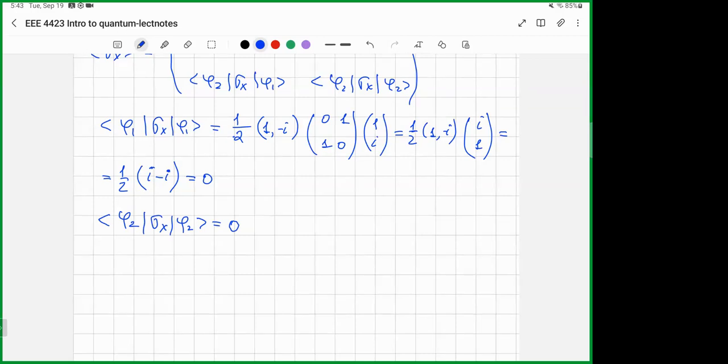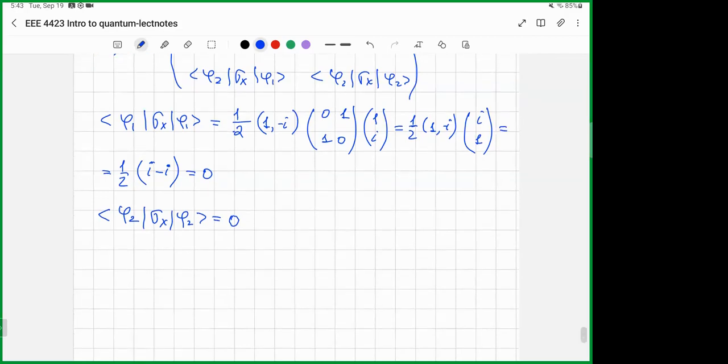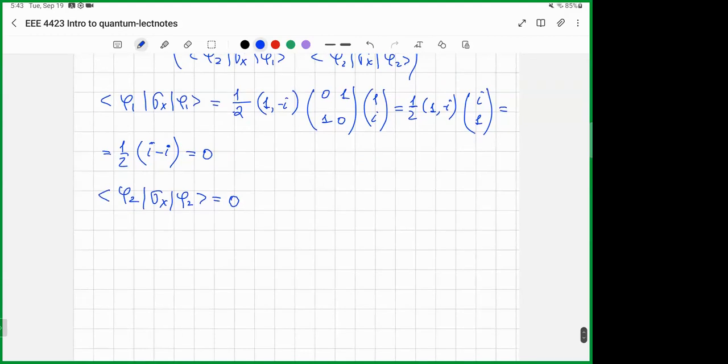In this particular case, sigma x doesn't correspond to any observable. This is just a matrix, an example of how all this machinery works. Okay, and what is left?